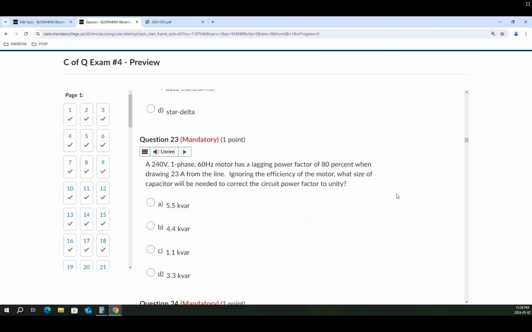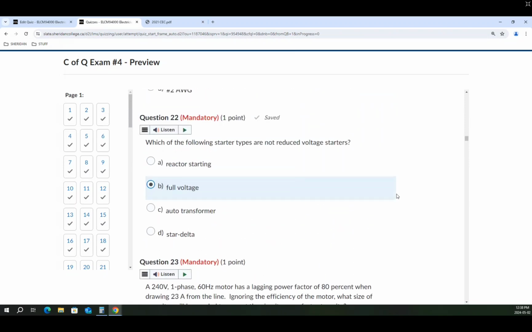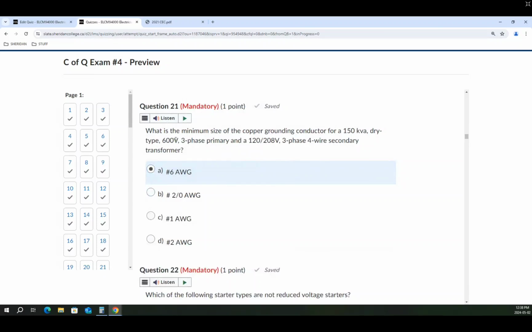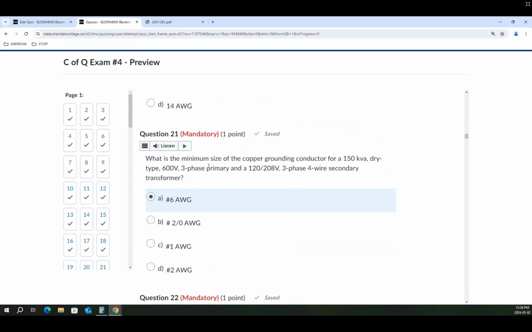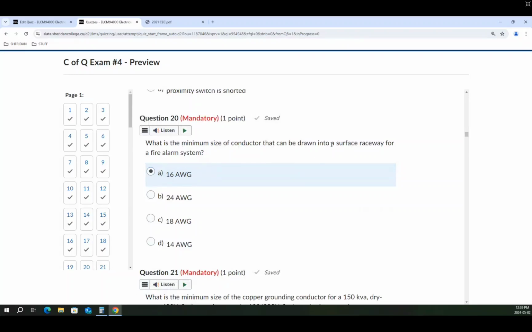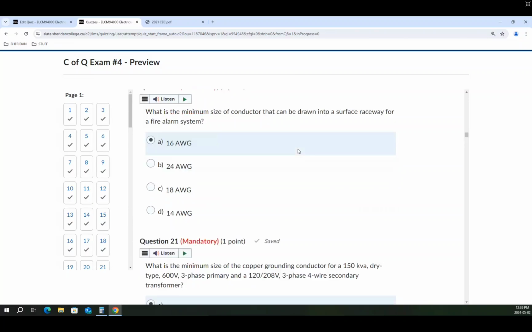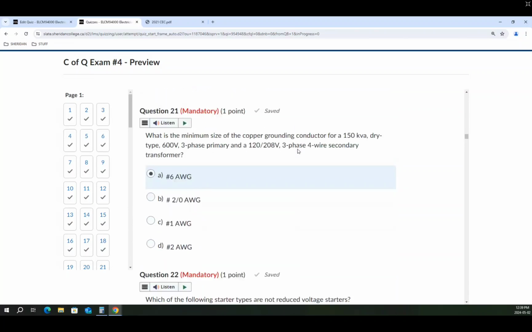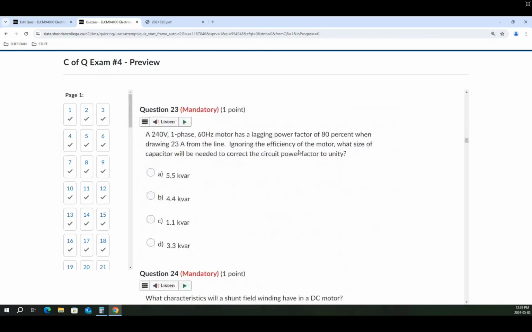Yeah, sorry, I don't always look back at the public chat, my bad. So yeah, right here, when it says, up here, sorry, drawn into a surface raceway, that term drawn in means pulled, yes. They're going to try to put questions in that are just stupidly tricky, and they're using language to mess you up.